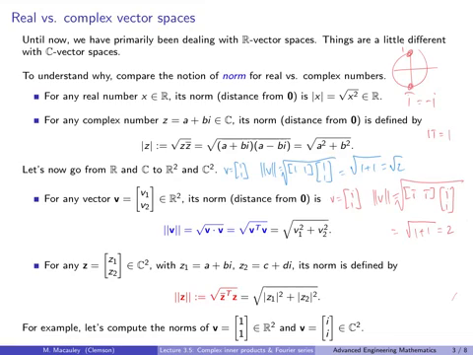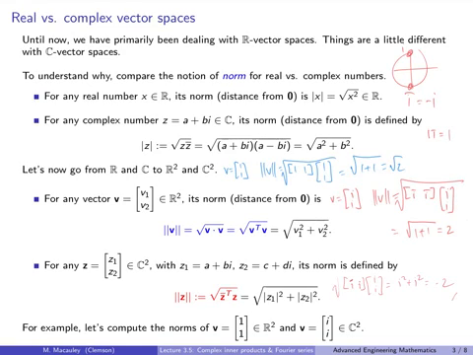Now, why do we need this? Why do we need this complex conjugate here? Let's see what happens if we didn't do it. Let's notice that if we were to try to just take z transpose times z, we would get i squared plus i squared, which is negative 2.